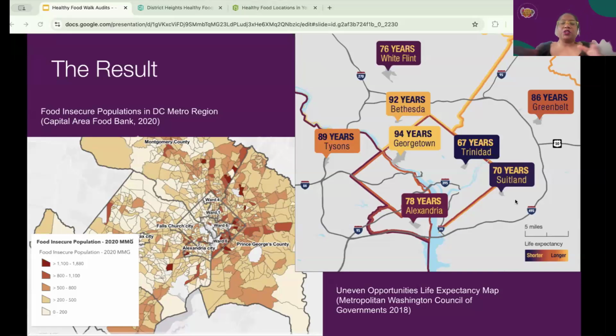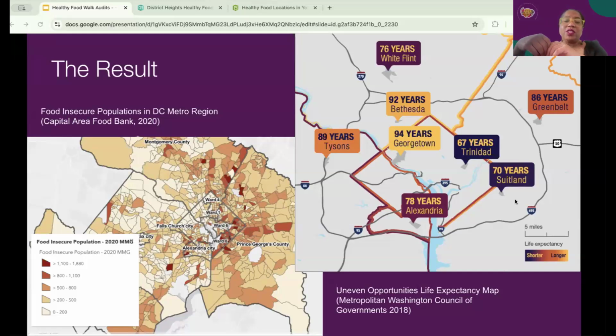So if we look in Prince George's County, we have two communities, right? We have a community that's Suitland. The Suitland community experiences high rates of food insecurity, as well as other environmental challenges that make accessing food difficult.